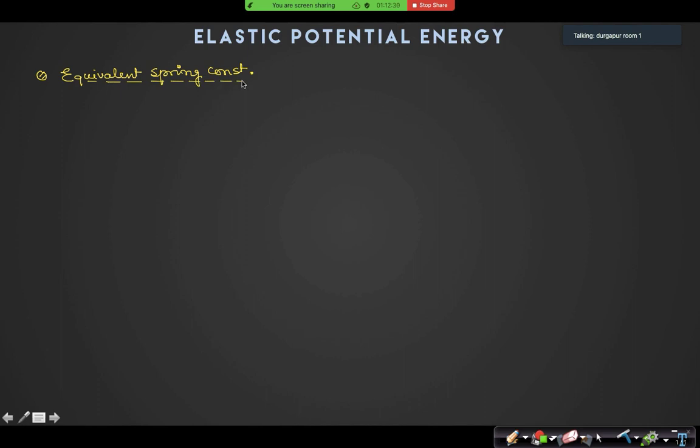So if I calculate the equivalent spring constant, I can find the force or the energy just by the spring equations: force equal to kx or energy equal to half kx square. So suppose there is a rod.